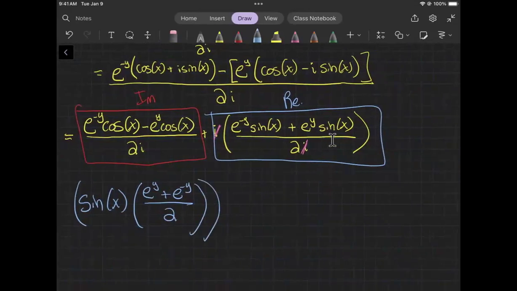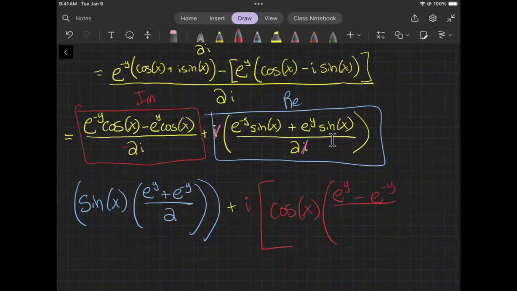And then this is plus i times the imaginary component. So I'll have a cosine of x factored out, and if I divide by the conjugate, minus i in this case, I will get e to the y minus e to the minus y over 2.